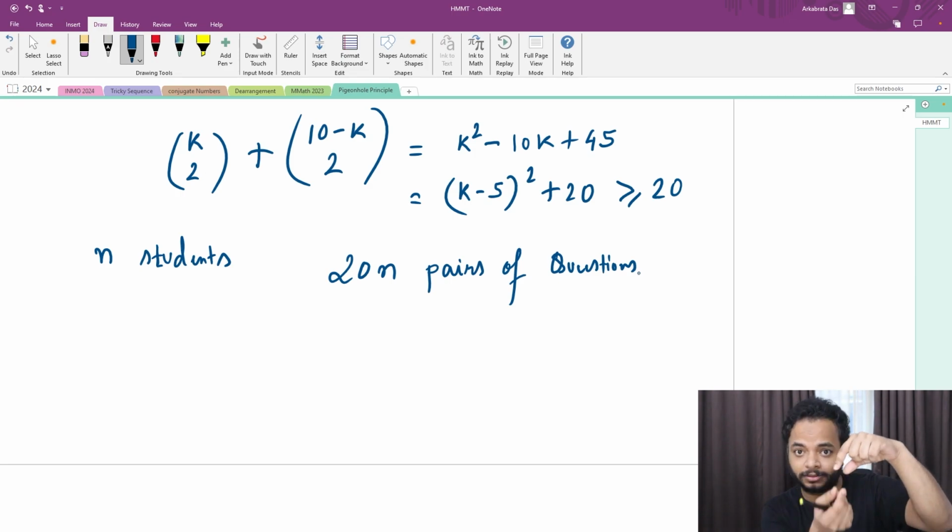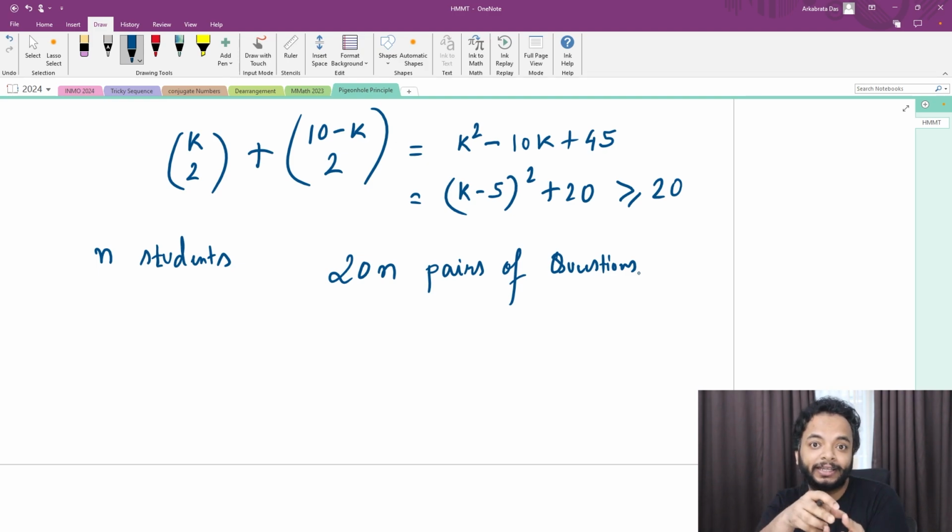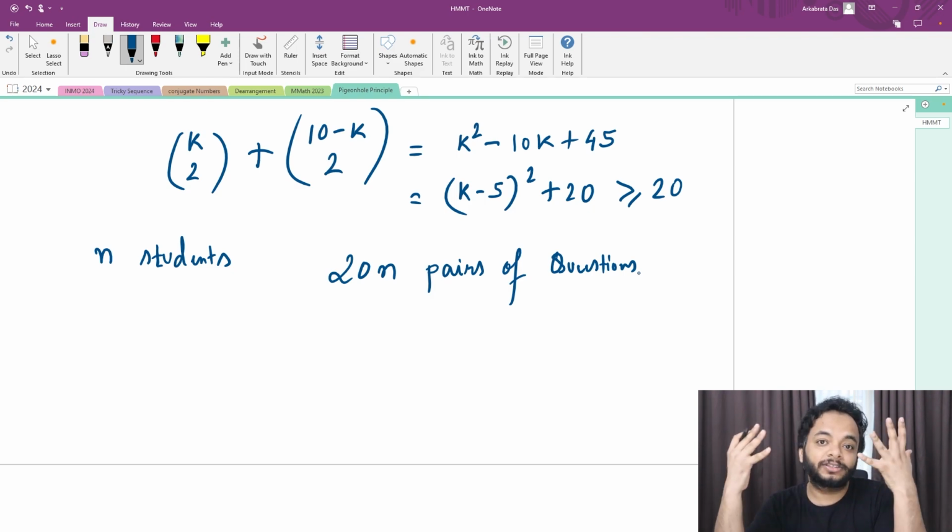These pairs can be the same, but all I am saying is that at least 20n pairs of questions are coming from these n students.